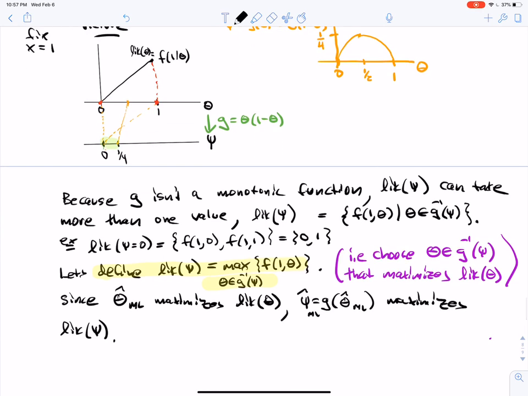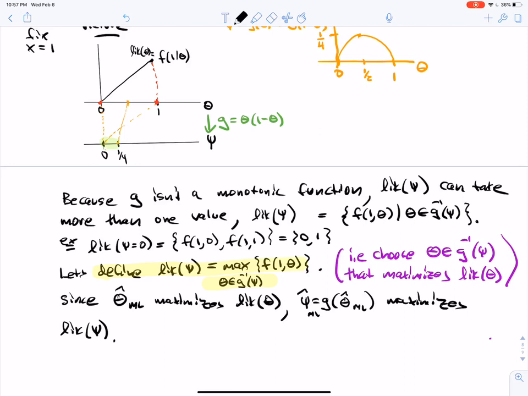So G isn't a monotonic function. The likelihood of phi can take more than one value. So we define the likelihood of phi to be the maximum of the likelihood as theta runs over G inverse phi.